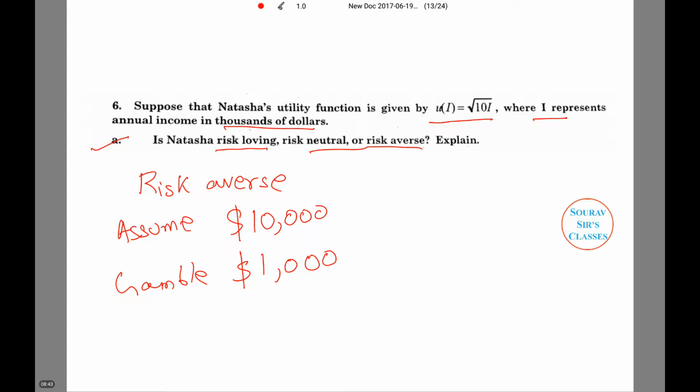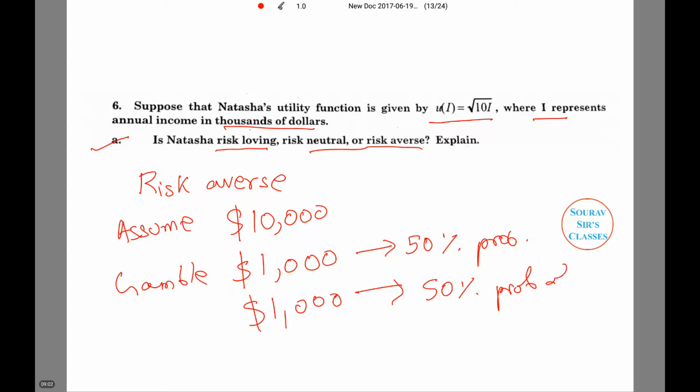This is a $1,000 gain with a 50% probability, along with a $1,000 loss with a 50% probability.